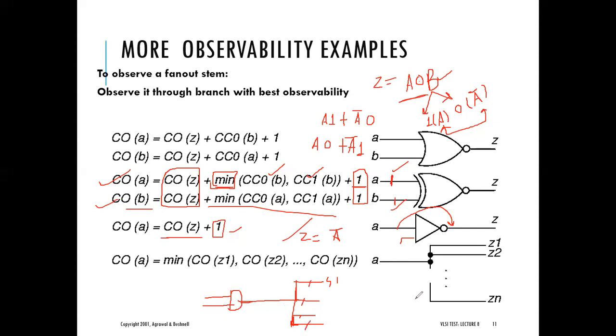Whenever I told you that these are your output branches, and you want to find out the observability at this particular point, you know the observability at each of the fan out branches.